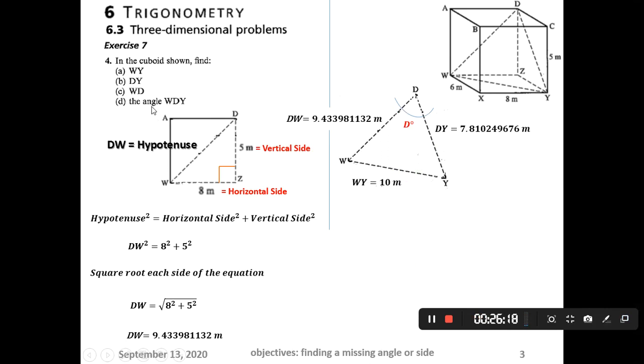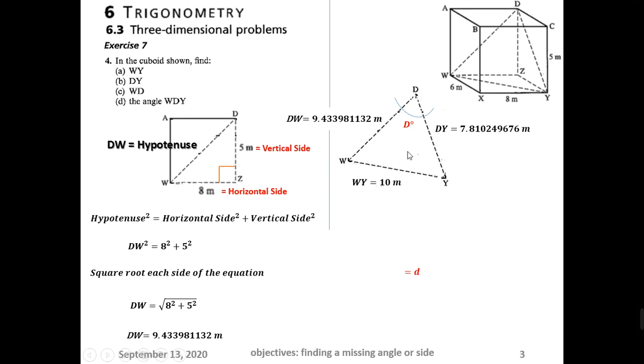And they're asking for angle WDY. If I name this angle here as D degree, the opposite side to angle D capital is equal to D small, which is the 10 meter.